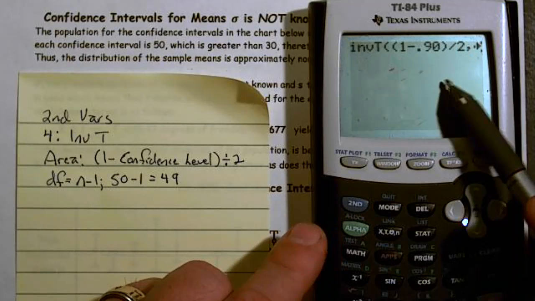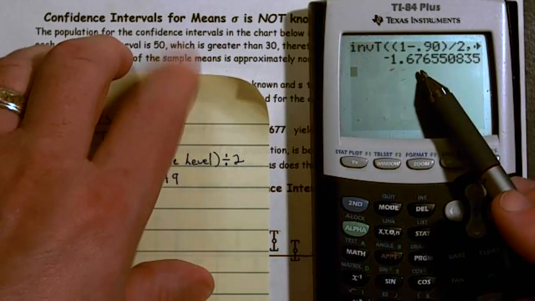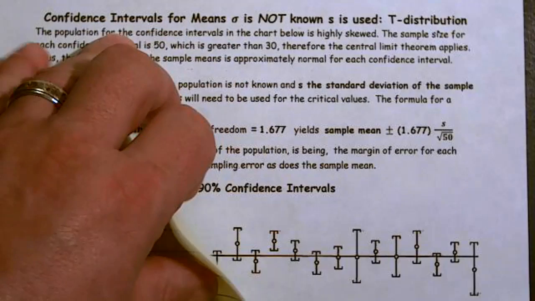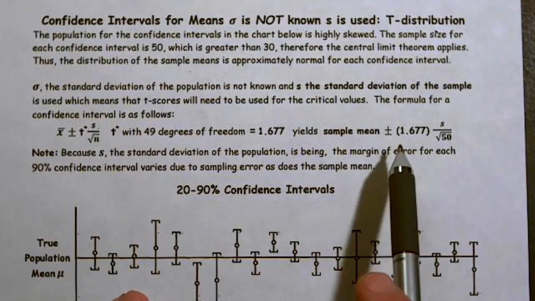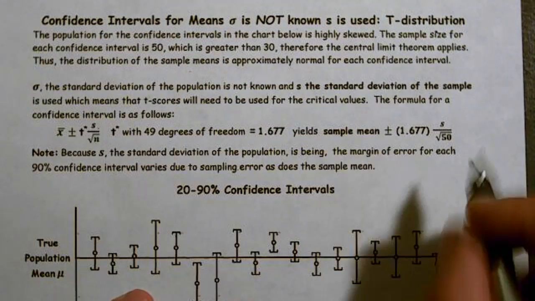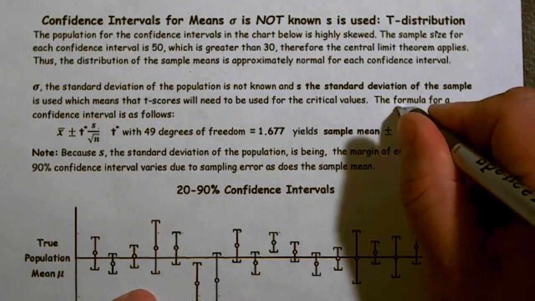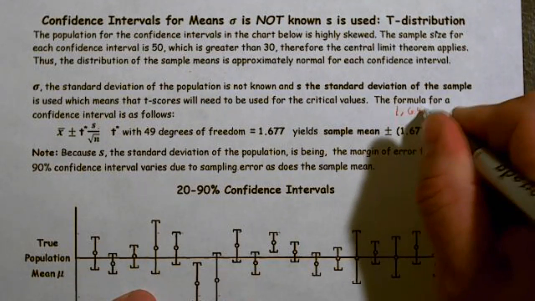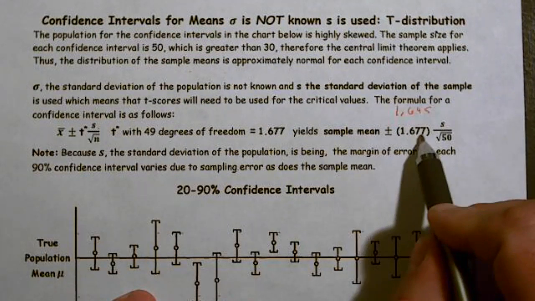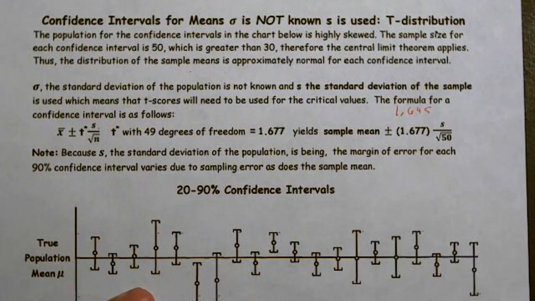And I end up getting 1.676. All right, and when we worked with the normal, it was 1.645. So notice I'm a little bit farther spread out. Why? There's more area in the tails with the t-distribution.